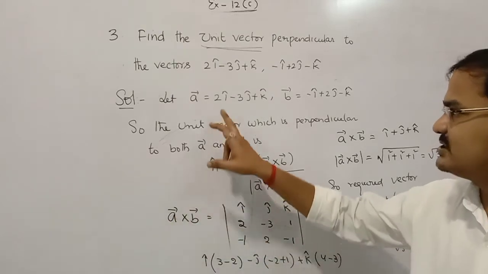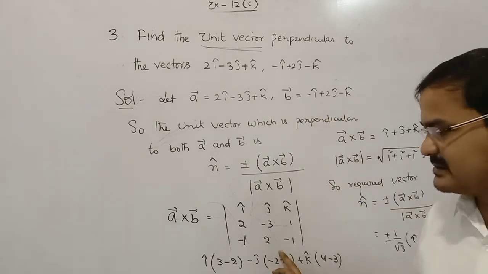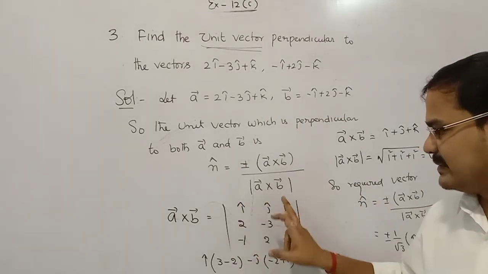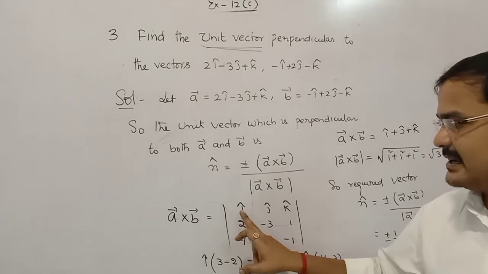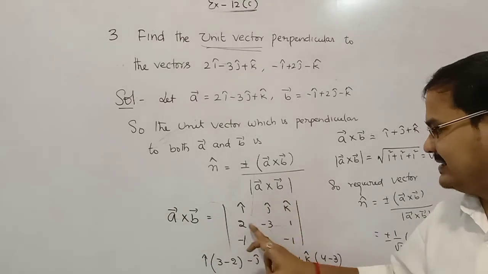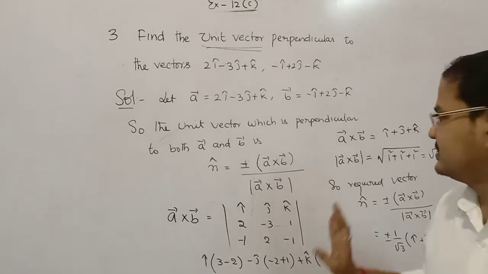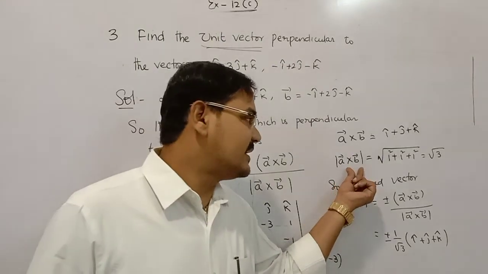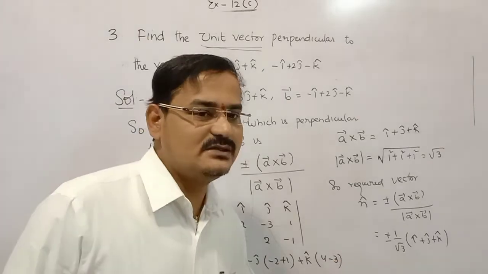The coefficients of A bar are 2, minus 3, 1 and of B bar are minus 1, 2, minus 1. Using the determinant concept with signs plus, minus, plus, and removing the row and column containing i, we get 3 minus 2, then minus 2 plus 1 for j, and 4 minus 3 for k. So you get the vector i bar plus j bar plus k bar. After that you find the magnitude, root 3. So this is the required vector, and you can use this formula.